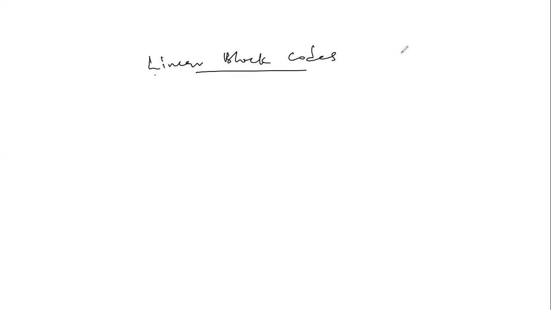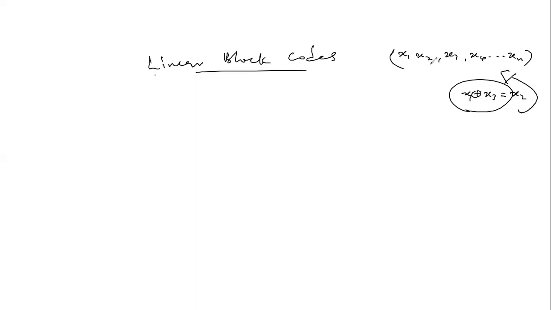If I have some symbols s1, s2, s3, s4, all the way to sn in this set, and I operate on them, say s1 plus s3, and this gives me s2, it means these are linear codes, because any operation on them still gives me a code within this set.